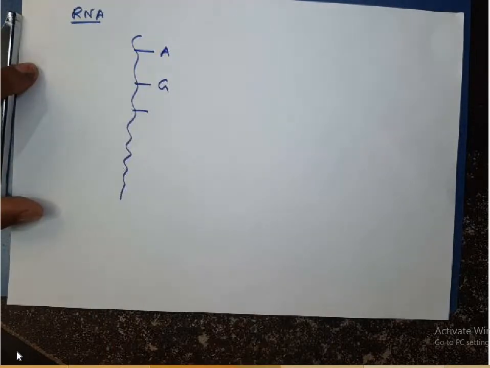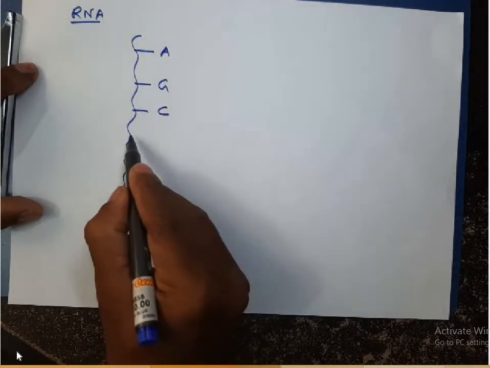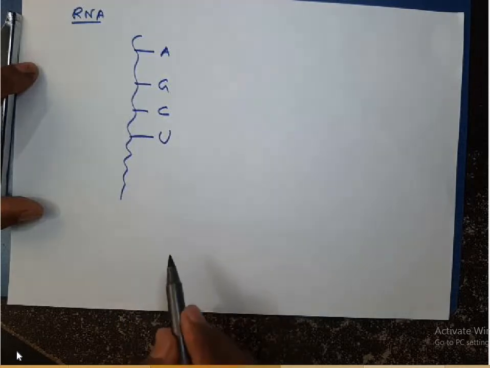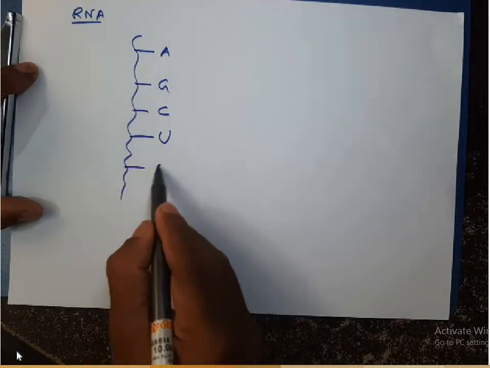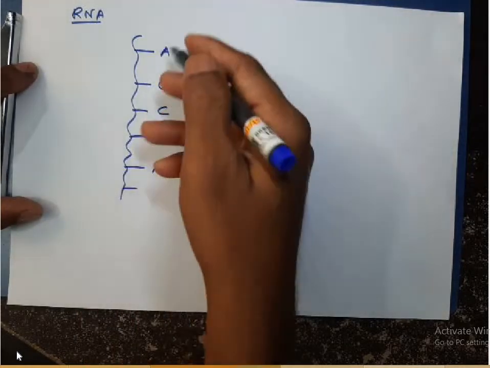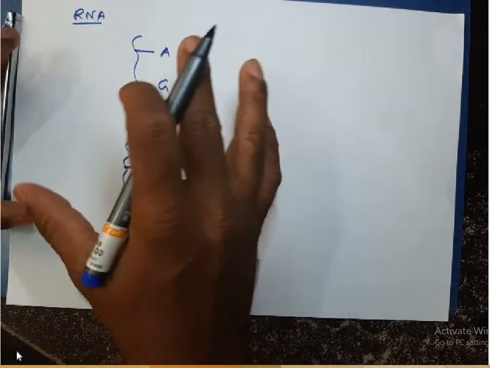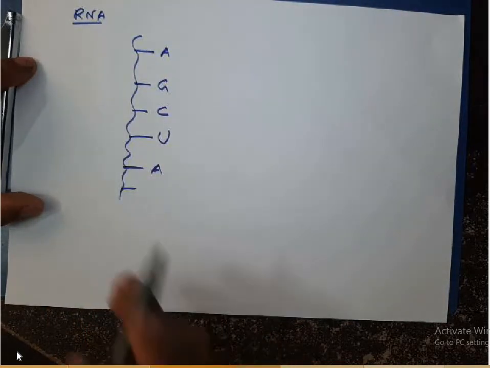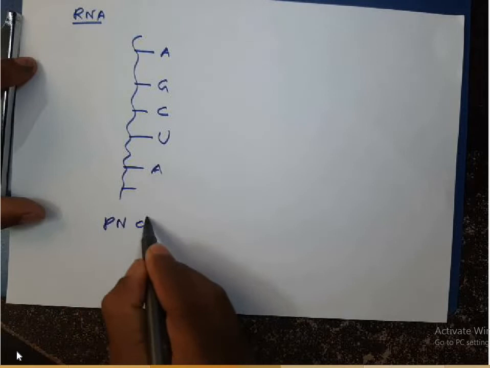Third one may contain cytosine. Fourth one, since it is RNA, must have uracil. Like that it goes, adenine, like that. It need not be present in the same order. It can be of any order, but normally we represent it like this. This is a polynucleotide chain.